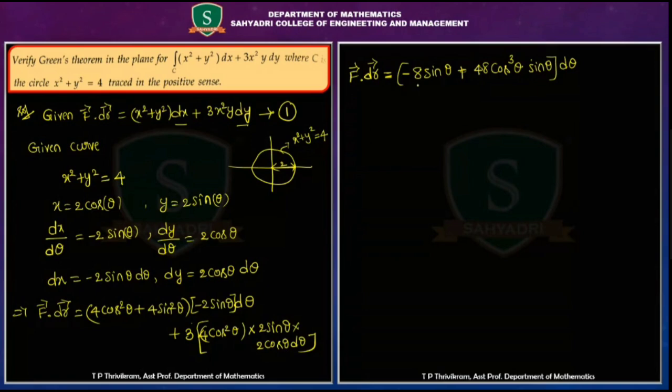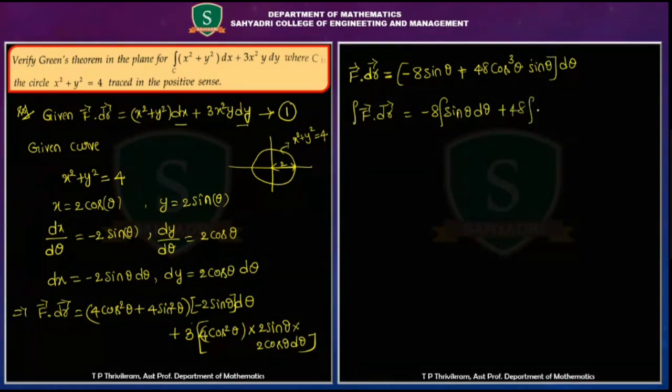Now if you apply integrals, what happens? Let us see. Integral f dot dr is equal to minus 8 into integral sin theta d theta plus 48 integral cos cube theta sin theta d theta.